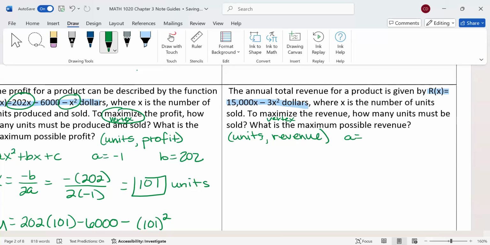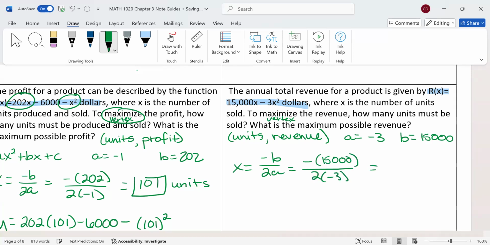A, whatever's in front of X squared, is -3. Make sure you pull the sign with it. And then B is whatever's in front of X. And that's the 15,000. The x-coordinate of the vertex is minus b over 2a. You put that in your calculator, you're going to get a positive 2,500 units.